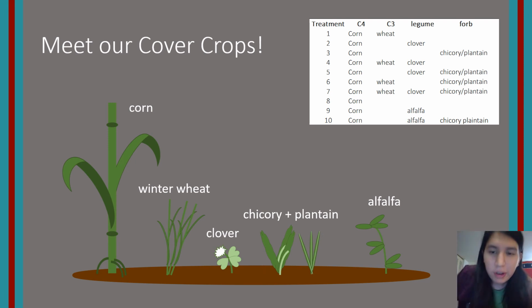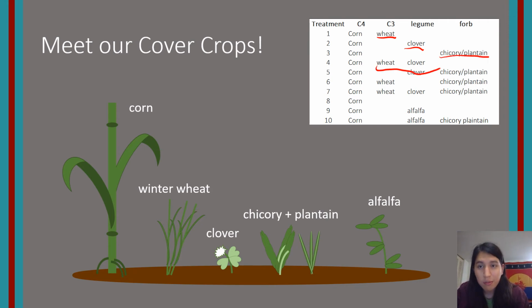So what we were working with here was that nice corn, the picture that you saw on the previous slide. It's an Oneida calico, and we did a similar thing with interseeding these cover crops in between the corn. Right here are the different combinations. One is of wheat, and then just clover, and then this one right here, for example, we have wheat and clover, and then this chicory plantain mixture.